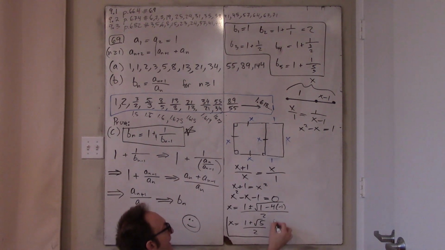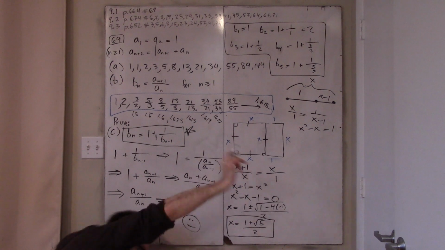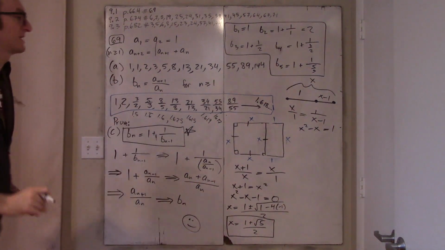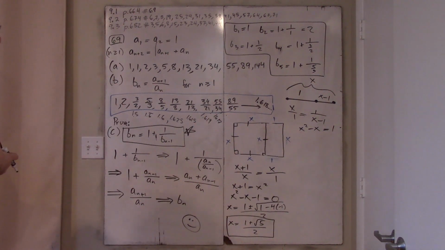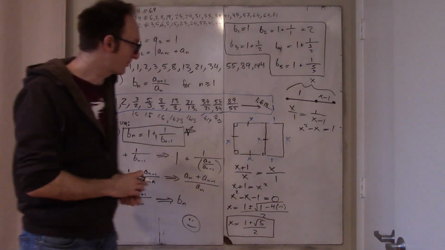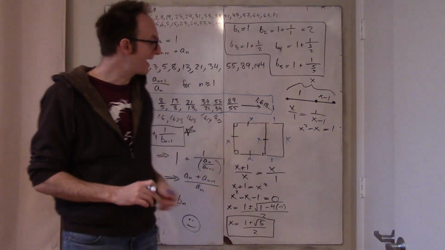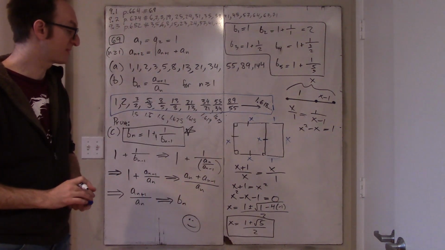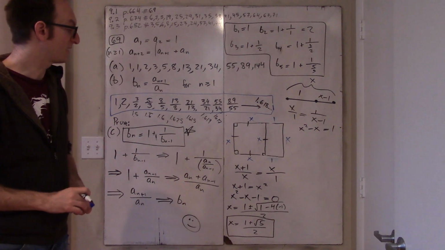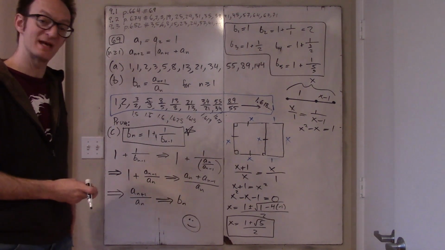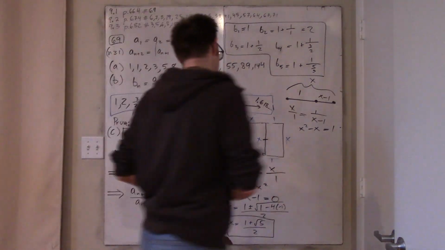And so to solve this particular geometry problem, if you're going to cut a square out of some rectangle, leaving sort of 1 behind, then that x must be 1 plus root 5 over 2.